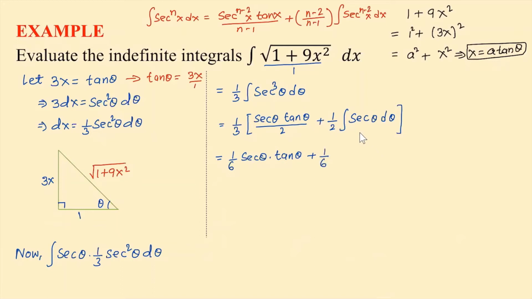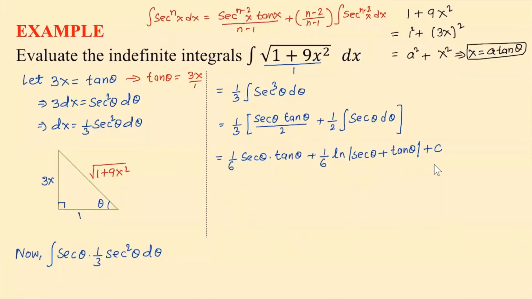And from calculus 1, you know the integration of secant theta is natural log of secant theta plus tangent theta plus c, the constant of integration, because this is the indefinite integral.